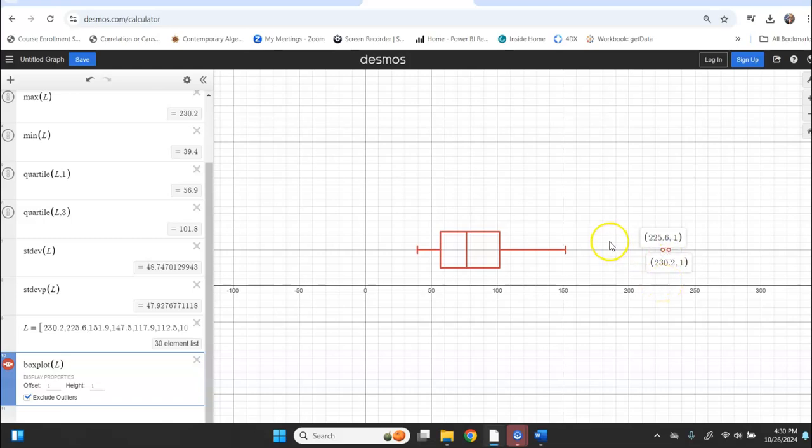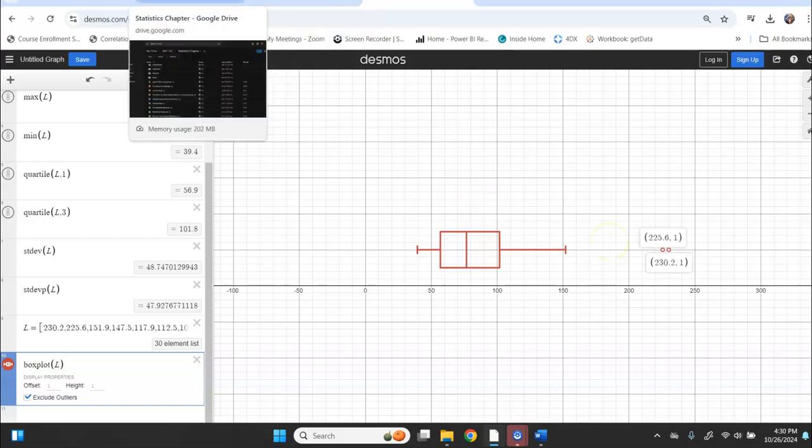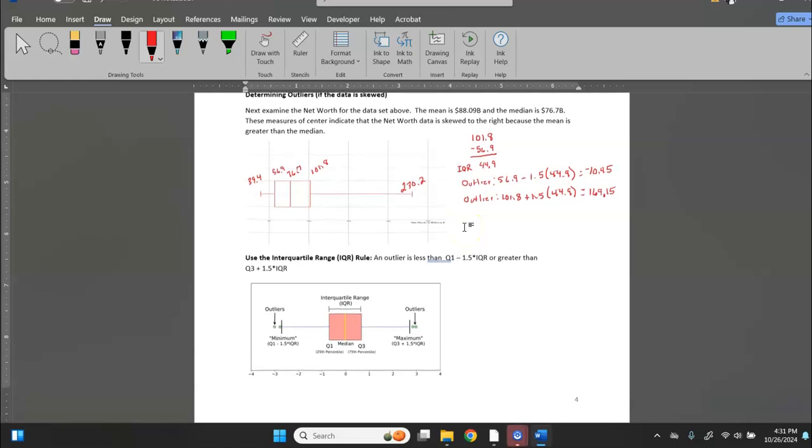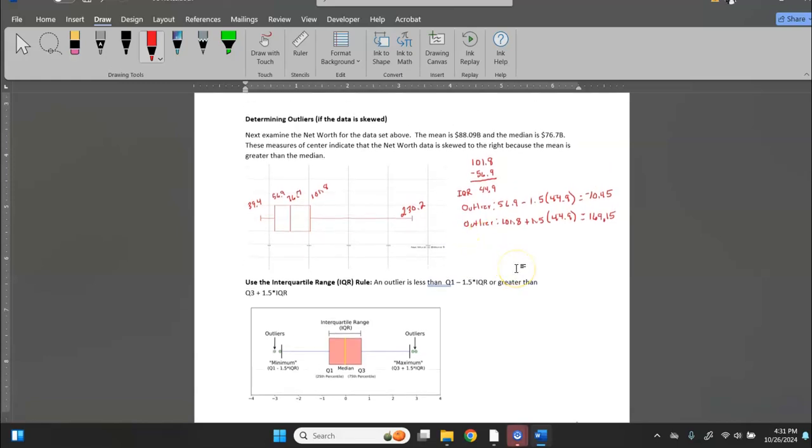So this is indicating that there are outliers within our data set, and we can check that by this interquartile range rule, that allows us to find outliers of data that is skewed. So that means that the mean and the median are not equal to each other.